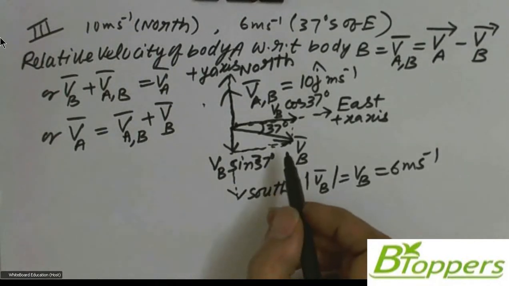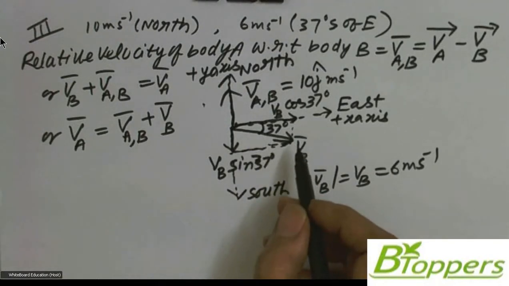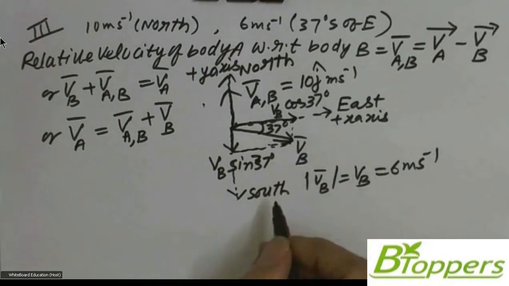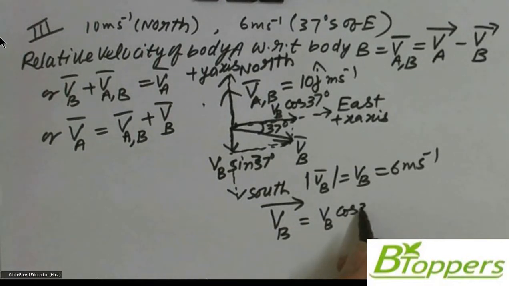So in vector form, the velocity V bar of a particle can be written as Vx i cap plus Vy j cap. So in vector form, the velocity of B can be written as VB cos 37 degrees into i cap.